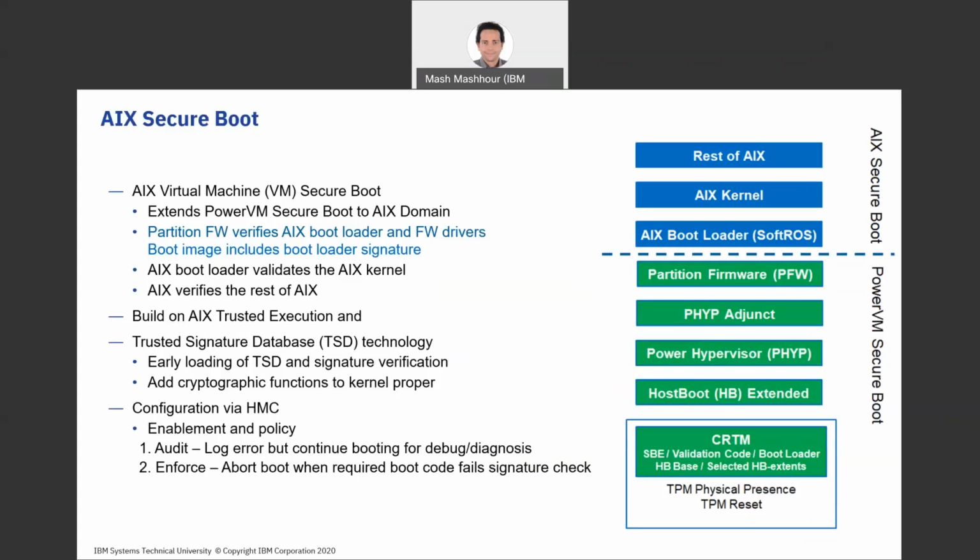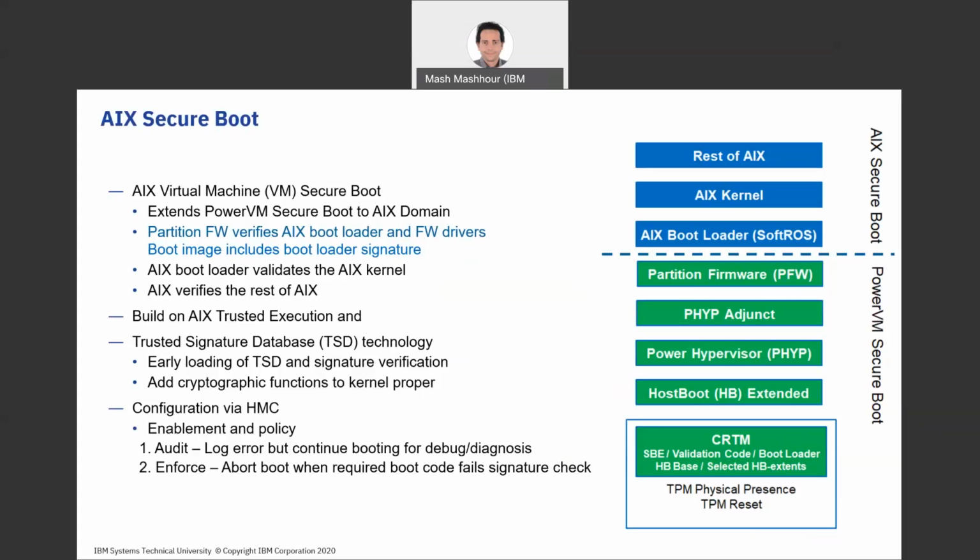Security during the boot makes sure the virtual machine secure boot, or AIX helper, extends the PowerVM secure boot to the AIX domain. The firmware will verify your AIX bootloader and the drivers and the firmware drivers, of course.